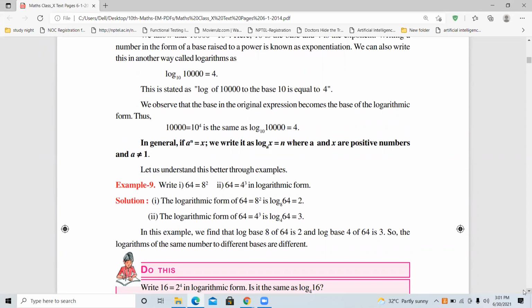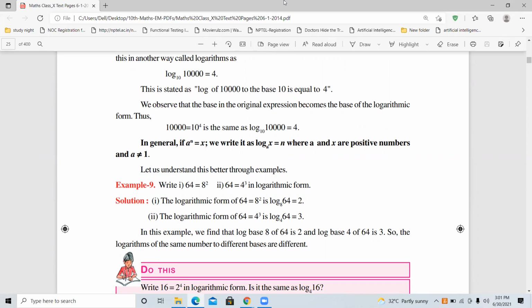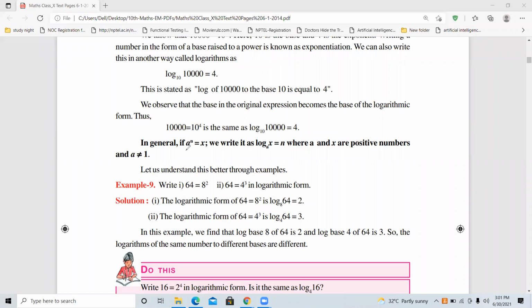So we have to learn how to express the given exponential form in a logarithmic form. Given that a power n equal to x, this exponential form can be expressed as log of x base a equal to n. Once again, I am repeating, log of x base a equal to n.